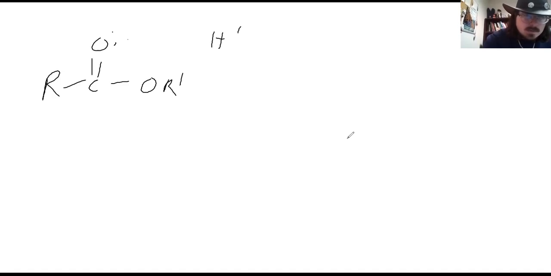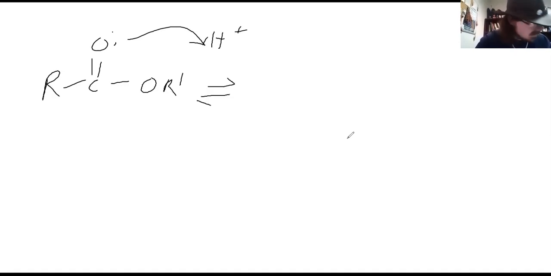Acid catalyzed. Let's look at the same, different mechanism, slightly different mechanism. So the first step is add the acid. So this is a little different.